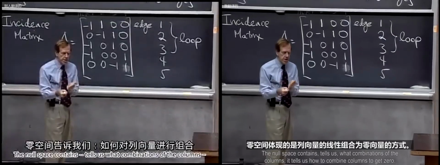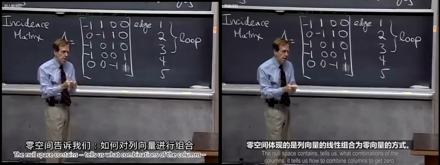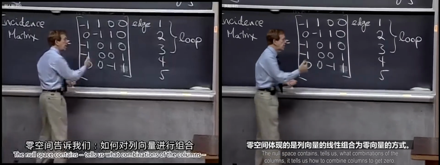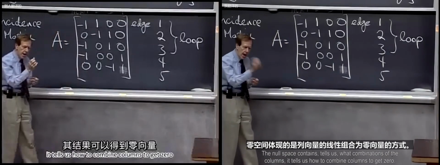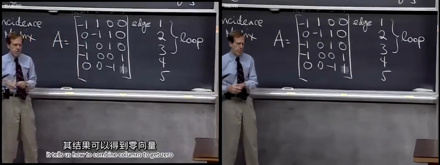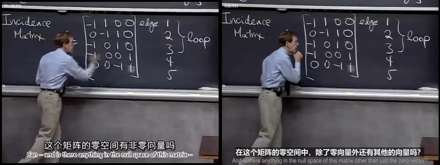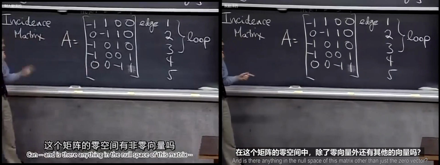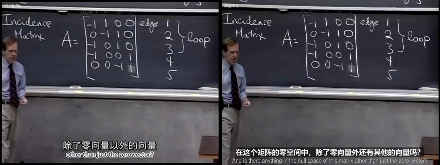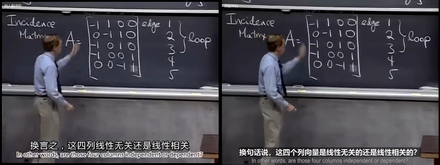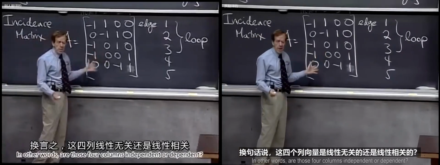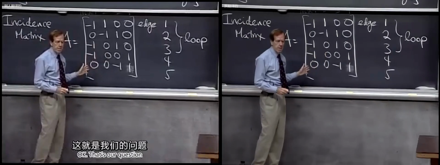The null space tells us what combinations of the columns. It tells us how to combine columns to get 0. And is there anything in the null space of this matrix other than just the 0 vector? In other words, are those 4 columns independent or dependent?